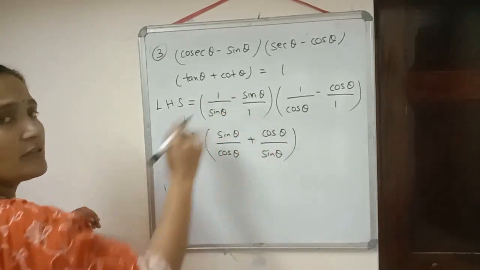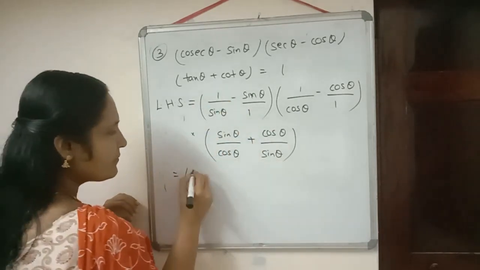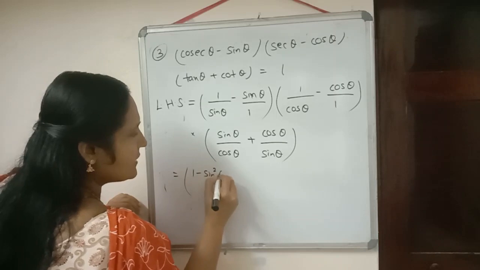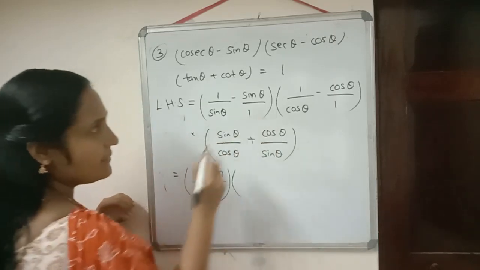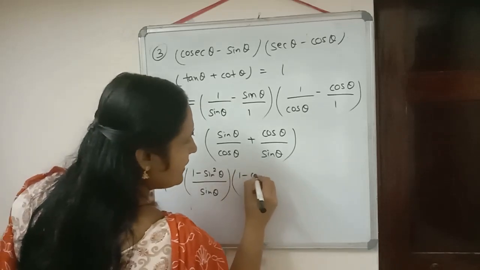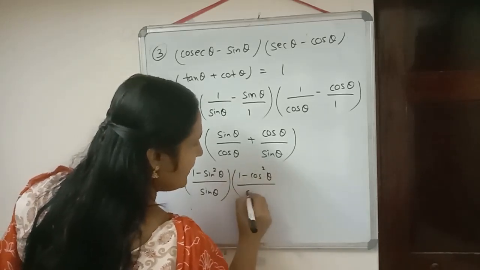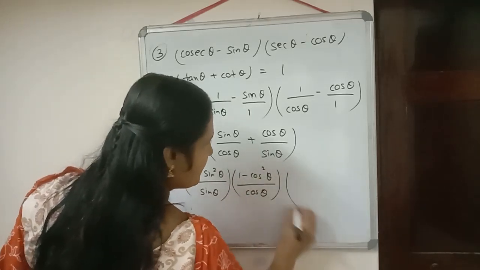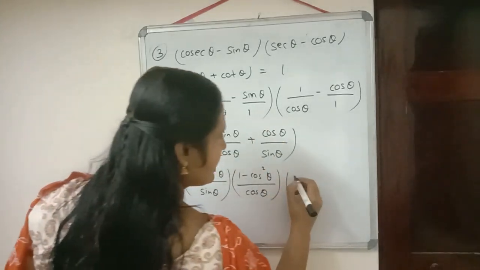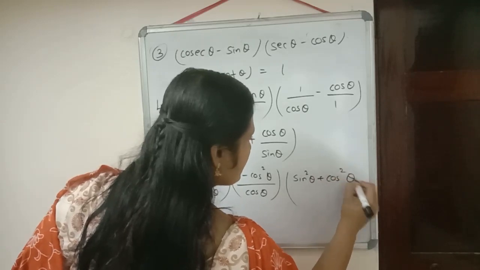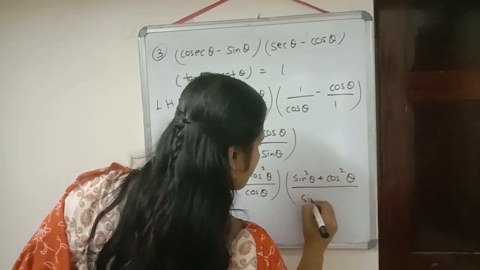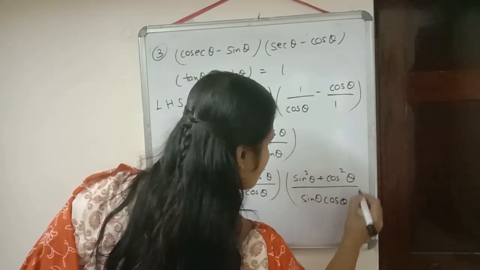Now just to do the cross multiplication, what will we get? 1 minus sin square theta by sin theta into, the second term will come 1 minus cos square theta by cos theta into, here what will come after the cross multiplication? We will get sin square theta plus cos square theta by sin theta into cos theta.